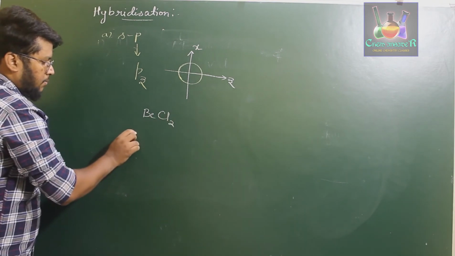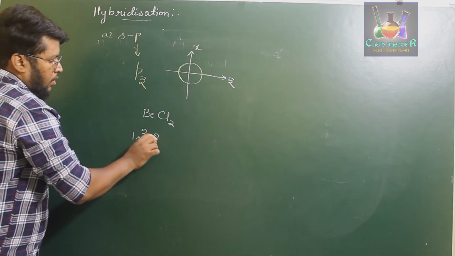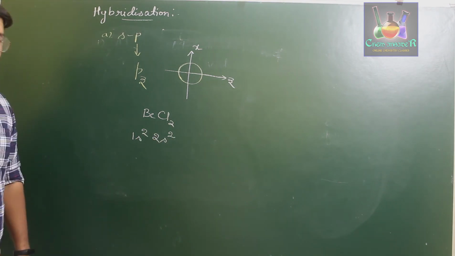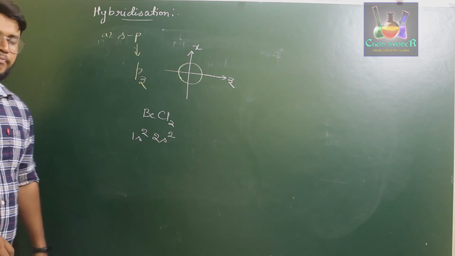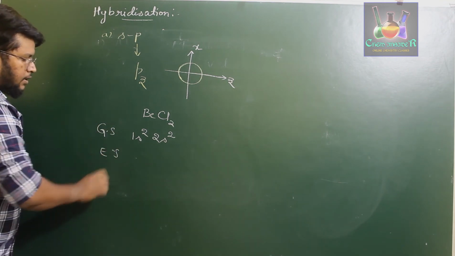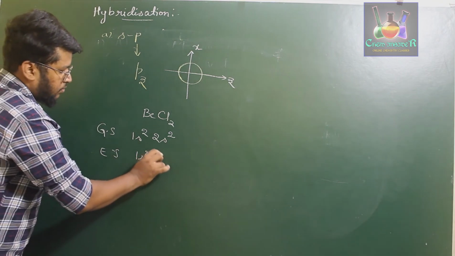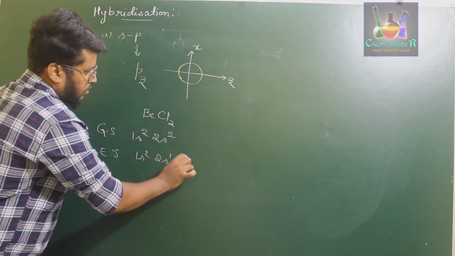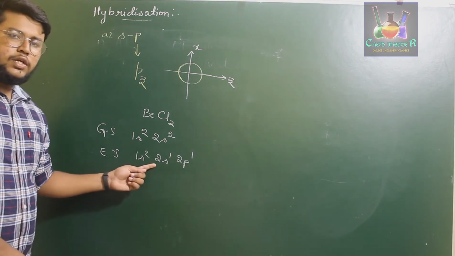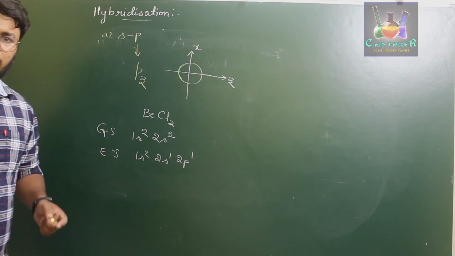So here beryllium has electronic configuration 1s2, 2s2 in the ground state. When it gets excited, it forms the configuration 1s2, 2s1 and 2p1.